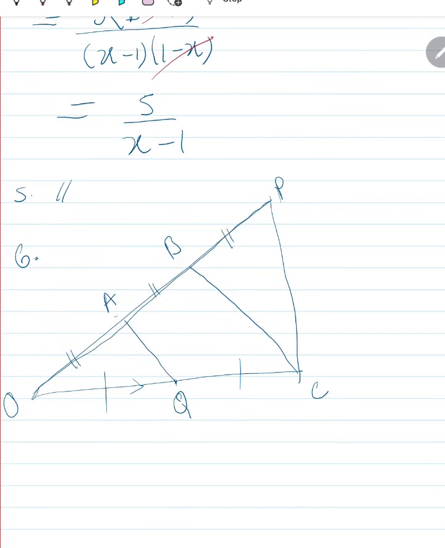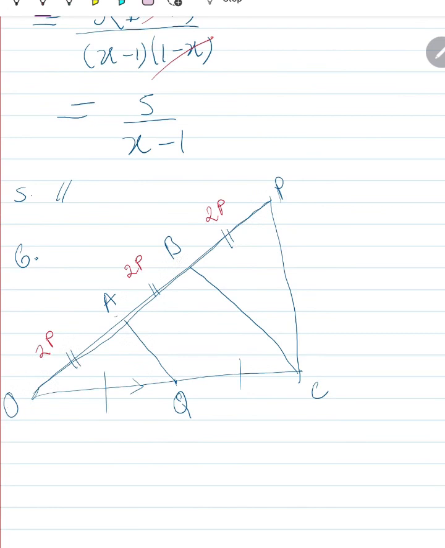Okay. Next, we have been given that OA is equal to 2p. So from O to A, I will write from O to A is 2p. Okay, so from O to A only is 2p, but we have been told that OA and AB are equal, so we know that here it is 2p and here it is 2p again.